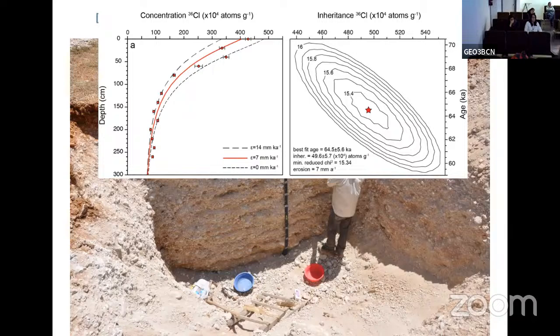And you put this banana plot to see the age distribution, and you get one age, which is 64,000 years. So here you do the contrary of surface dating. Like OSL dating, you want to know since when this sediment has been buried. The result is 64,000 years.